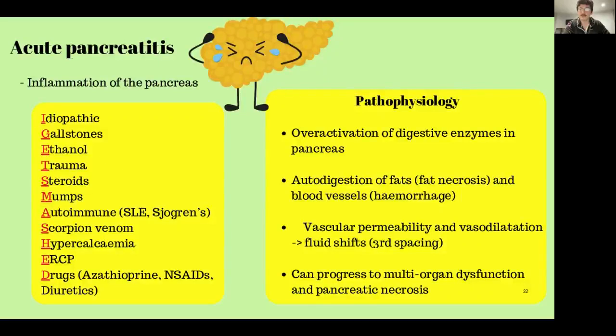Another key thing to remember is that you get quite serious fluid shifting and third spacing with pancreatitis. So vascular dilatation, permeability. So aggressive fluid management is a really, really important part of management. And we'll come on to it a bit later, but it can also progress to multi-organ dysfunction, pancreatic necrosis.